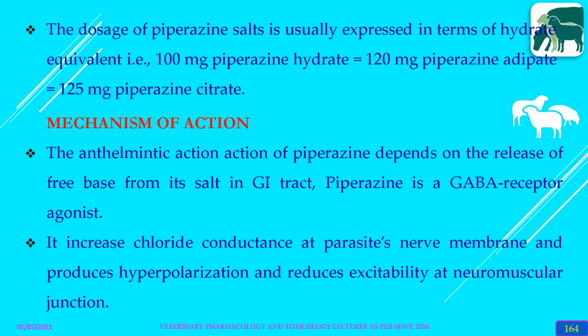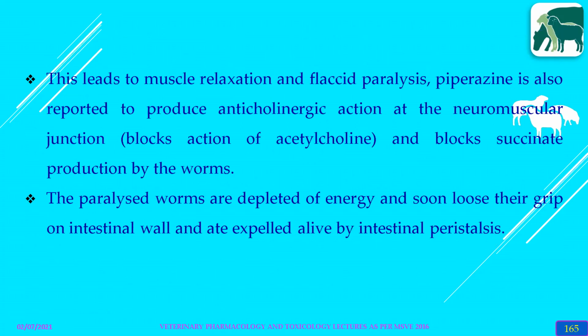It increases the chloride conductance at the parasite's nerve membrane, produces hyperpolarization, and reduces excitability at the neuromuscular junction. That's why it causes paralysis. It is going to relax the muscles, whereas levamisole, pyrantel, etc. are going to contract the muscles of the worms.